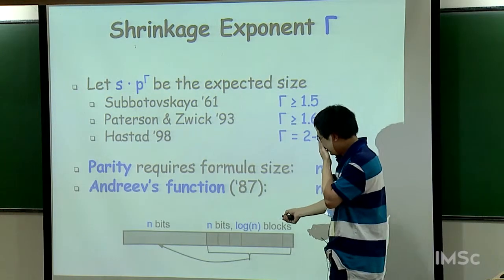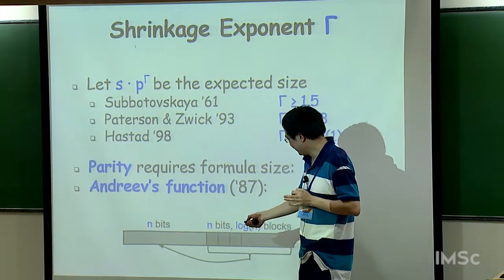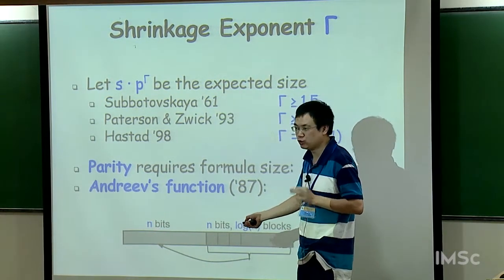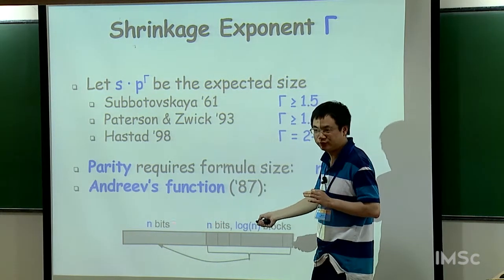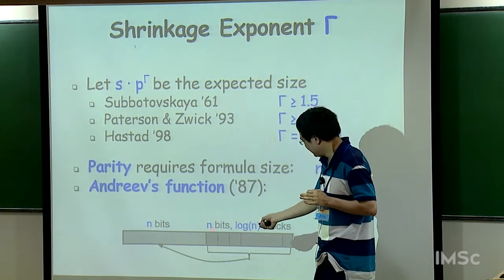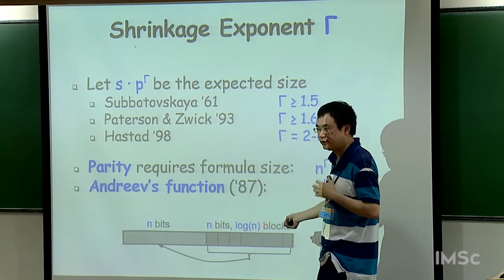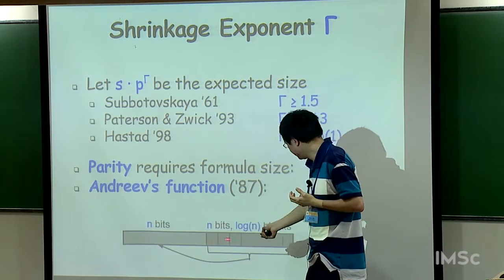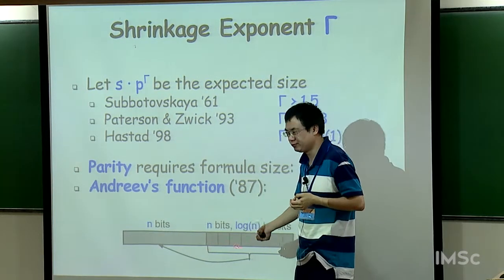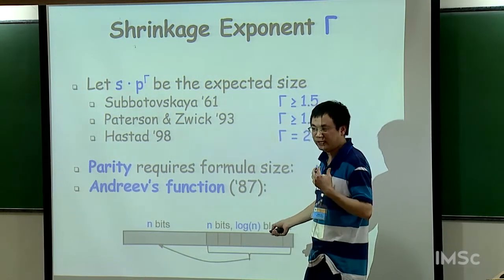For convenience, we have this function on 2n inputs. We divide the inputs into 2 parts. For the second part, we divide the input into log n blocks. To compute the function, we compute the parity of each block. That will produce log n bits.